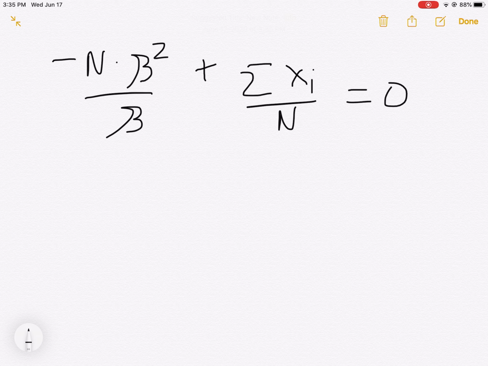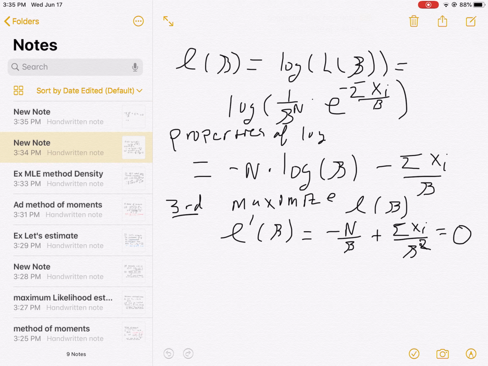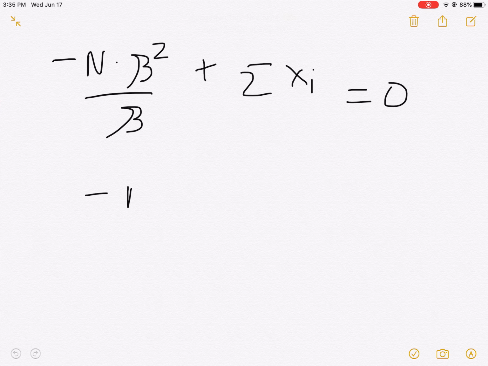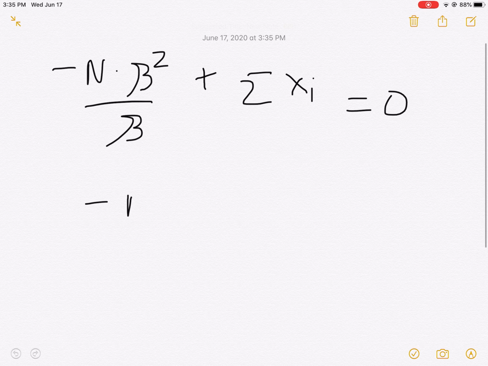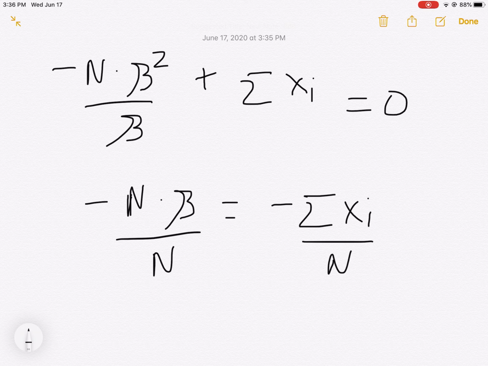So now, if we go back, we can see it's just summation of xi. So we're going to have minus n times beta equals minus summation of xi, divided by n.